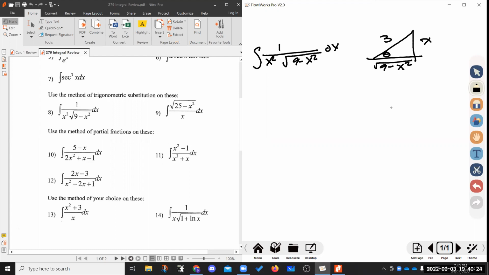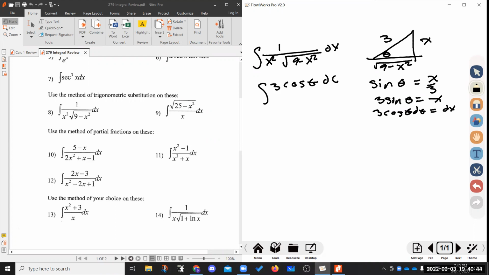So my triangle is going to be defined in terms of sine of theta is x over 3. 3 sine of theta is equal to x. 3 cosine of theta d theta is dx.